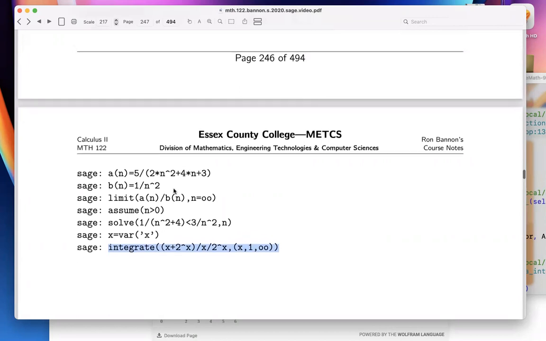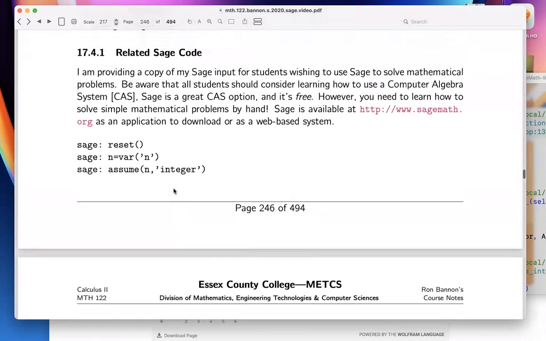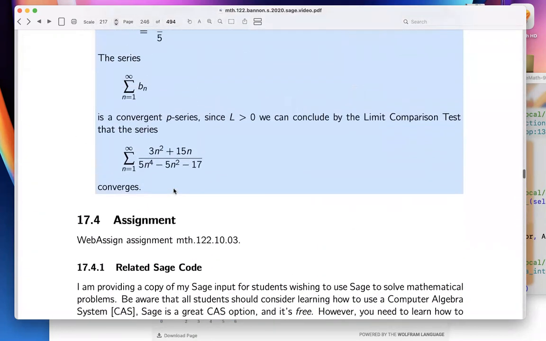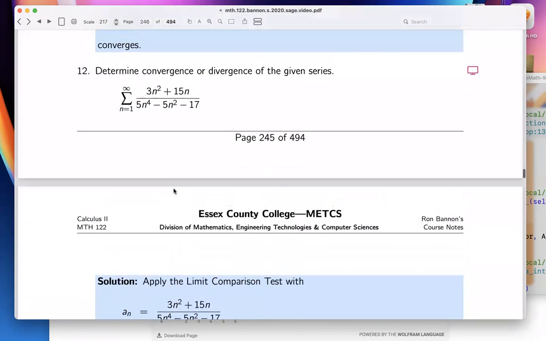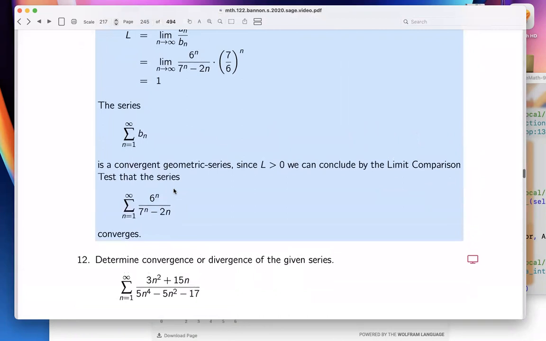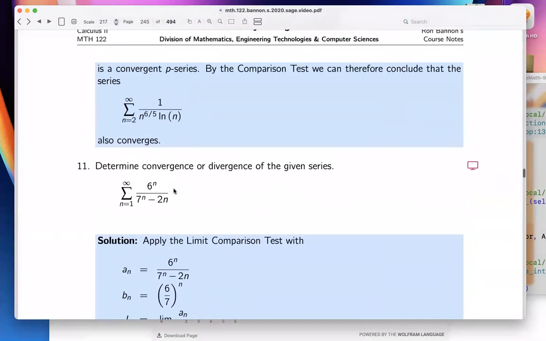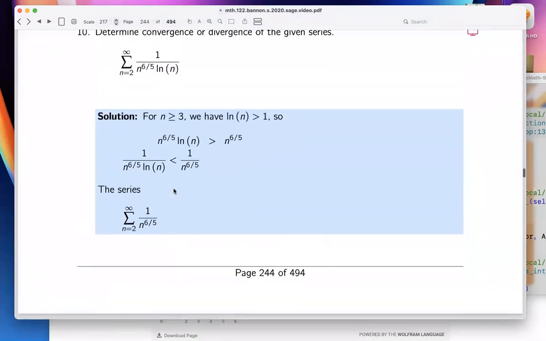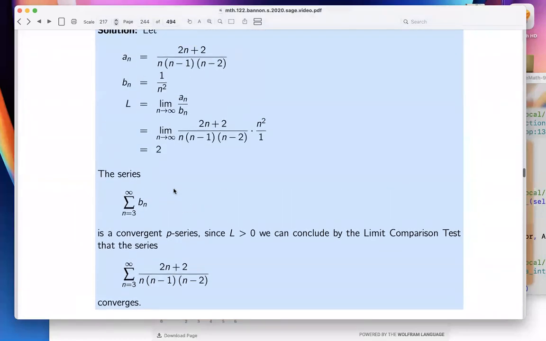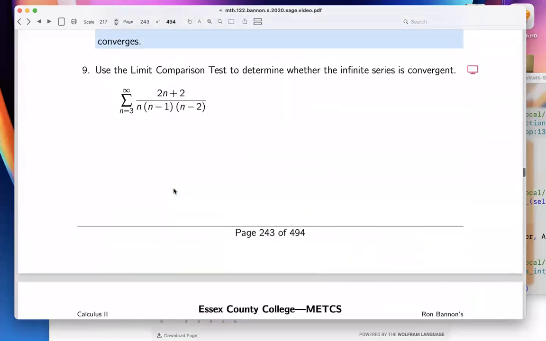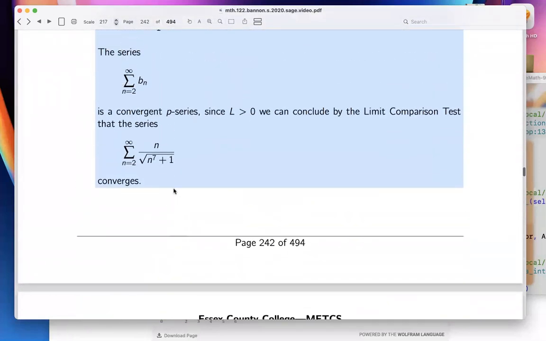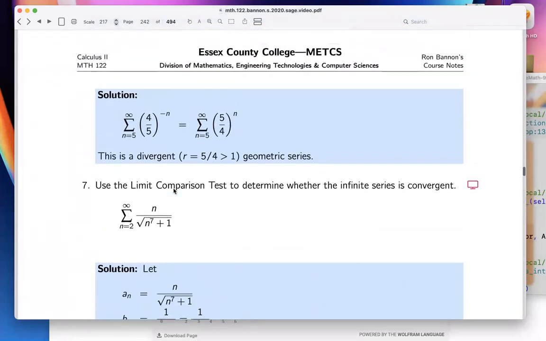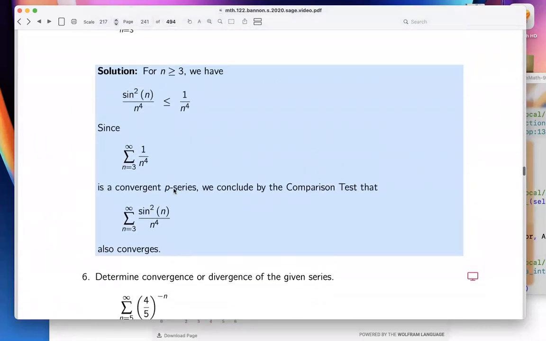Let's scroll back over the notes, and I want to see if I see that. There's a lot of notes, aren't there? A lot of work, too.